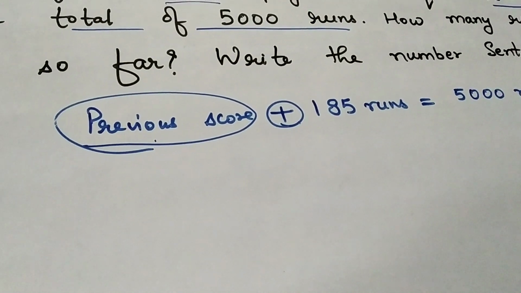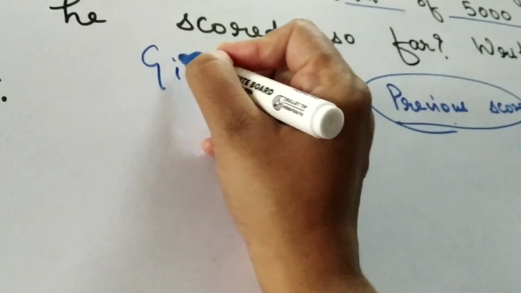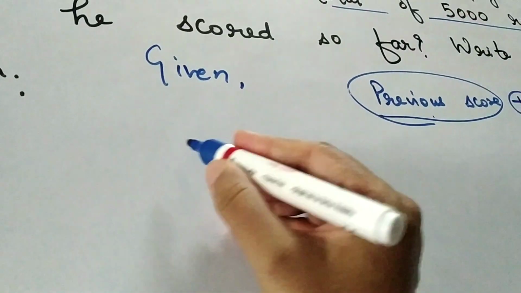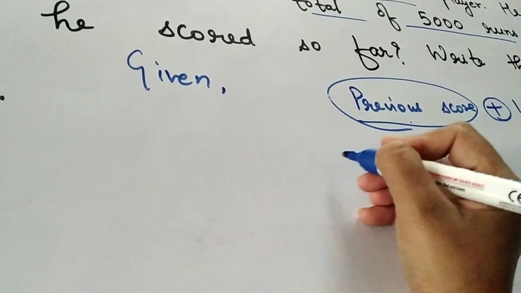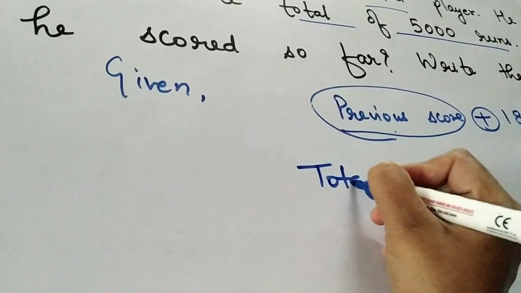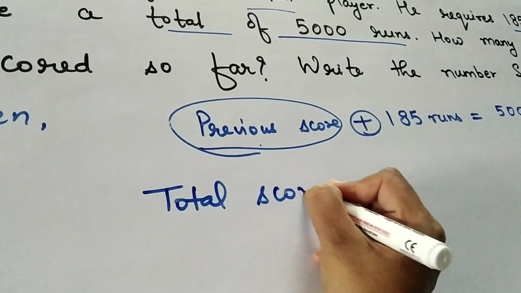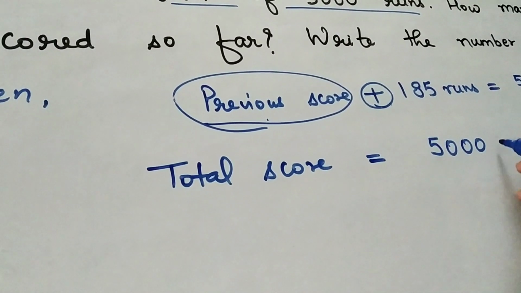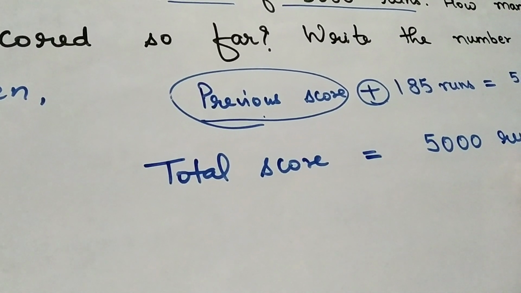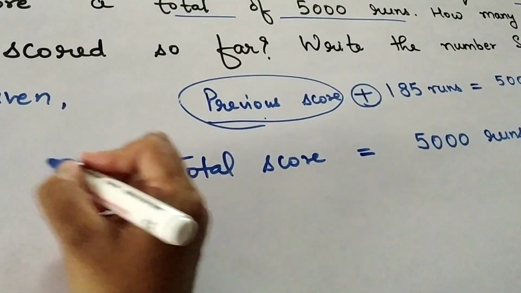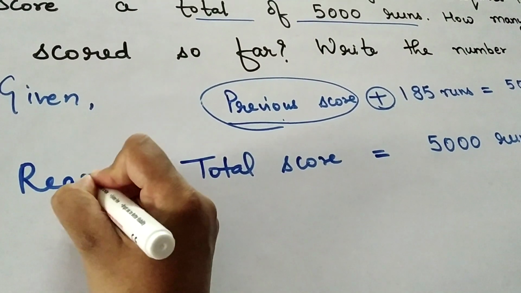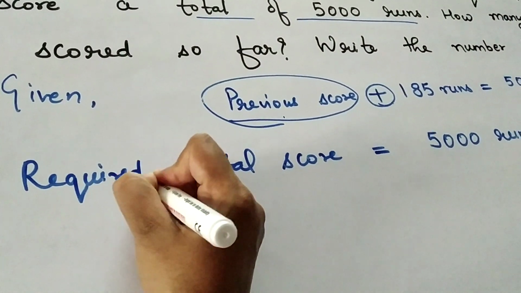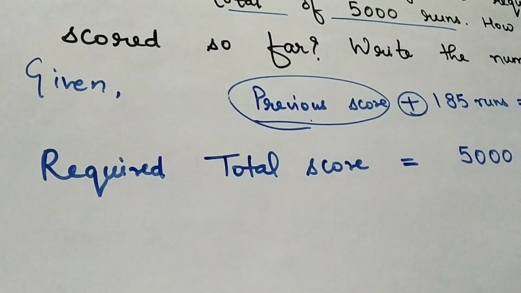Okay. Here you can write: given. Total score is how much? 5000 runs. Required total score, because now it is not there, it will become.